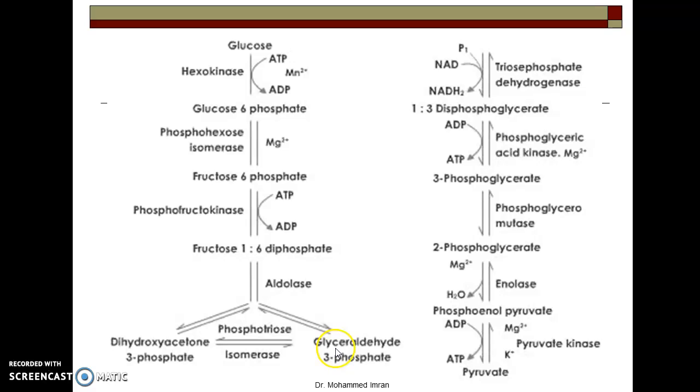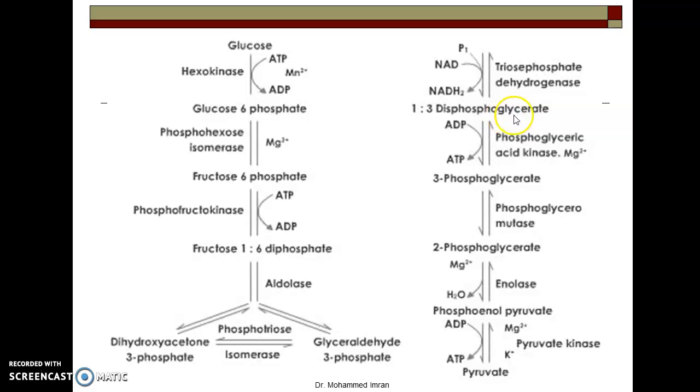Fructose 1,6-diphosphate can be converted into dihydroxyacetone phosphate, and this intermediate molecule with the help of enzyme phosphotriose isomerase is then finally converted into glyceraldehyde 3-phosphate, and this glyceraldehyde 3-phosphate is converted into 1,3-diphosphoglycerate with the help of enzyme triose phosphate dehydrogenase.